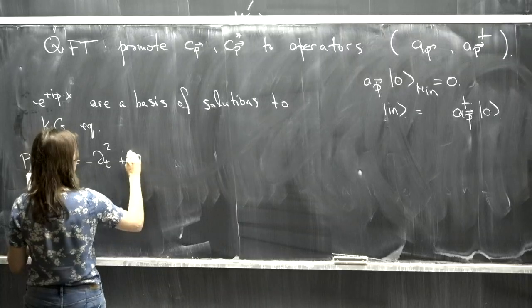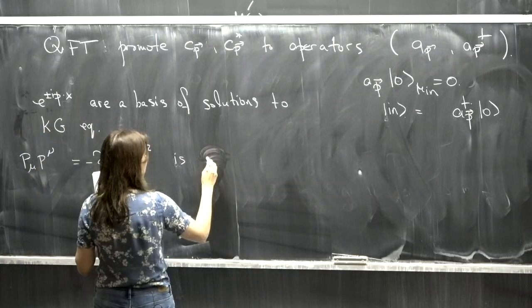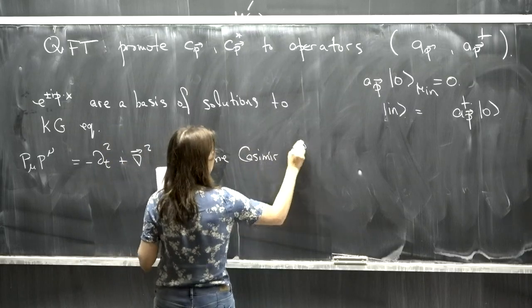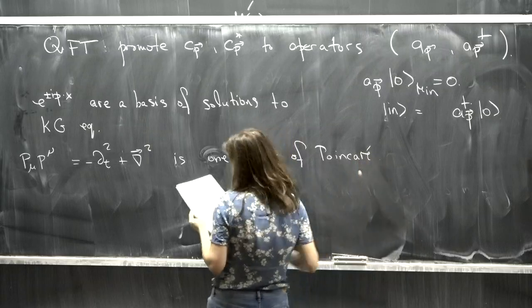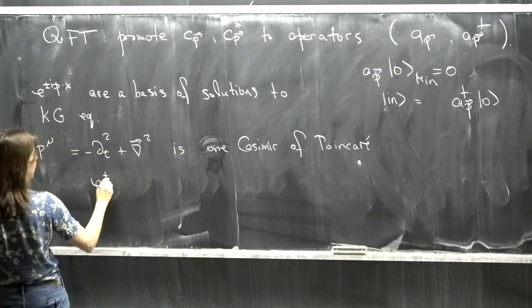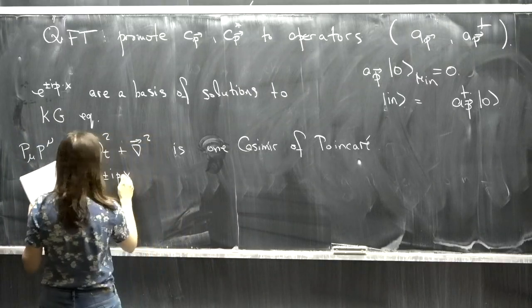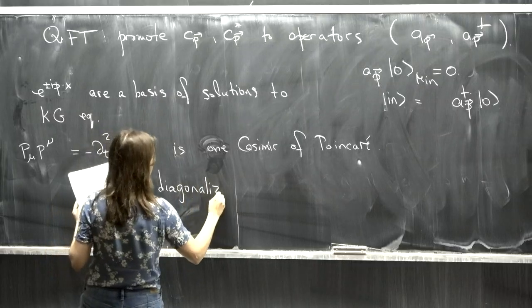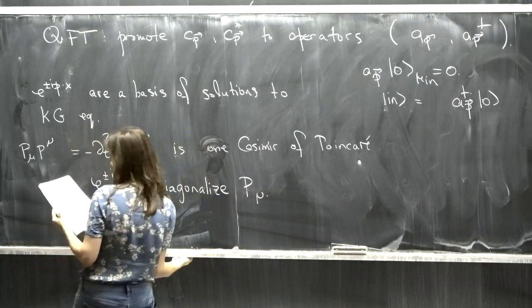So this is one of the two Casimirs of Poincaré. And e to the plus minus ip dot x, quite obviously, diagonalize the momentum operator p mu.